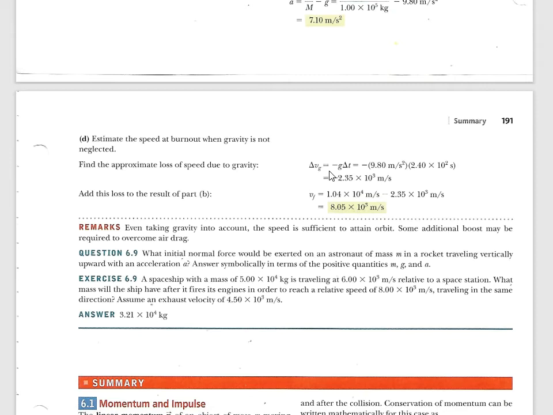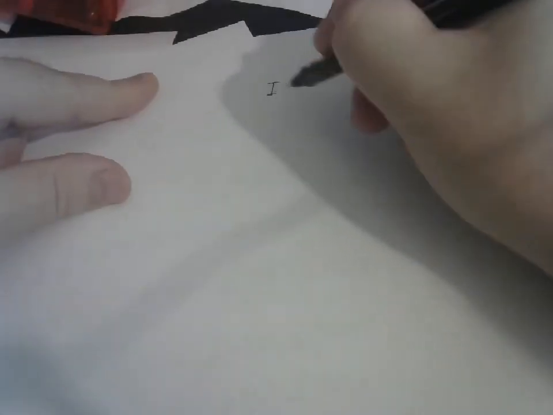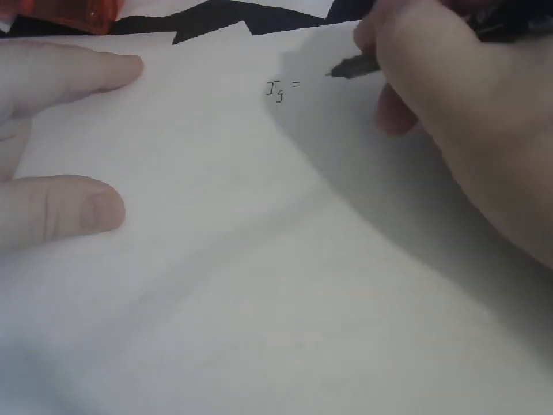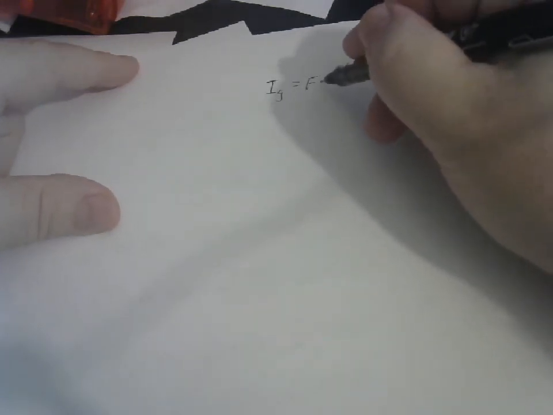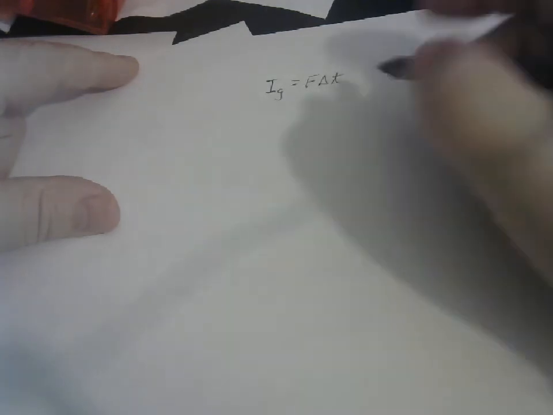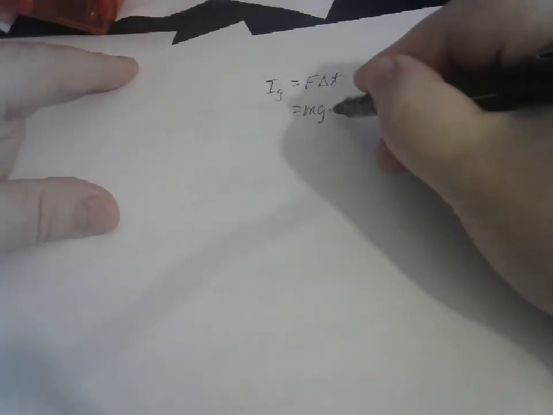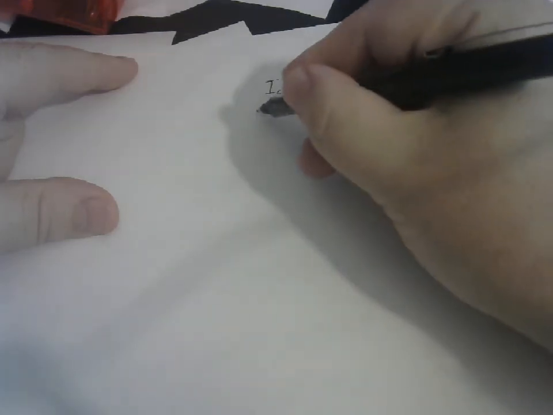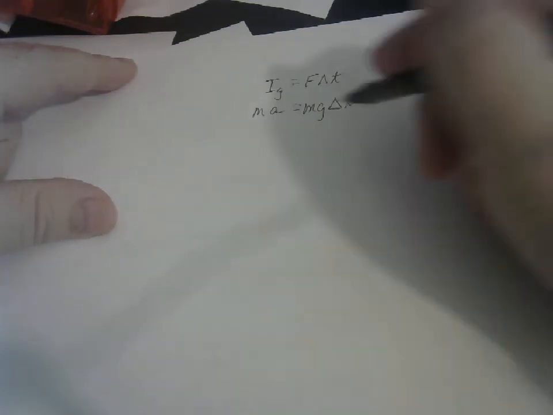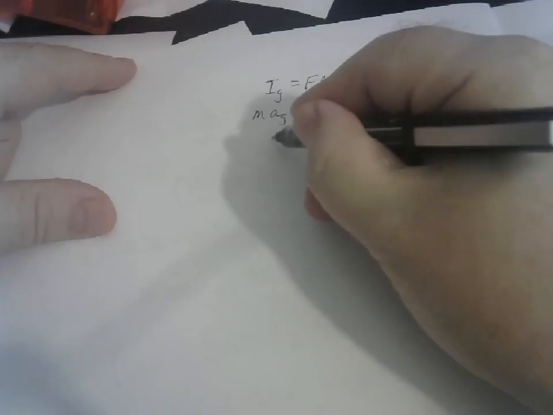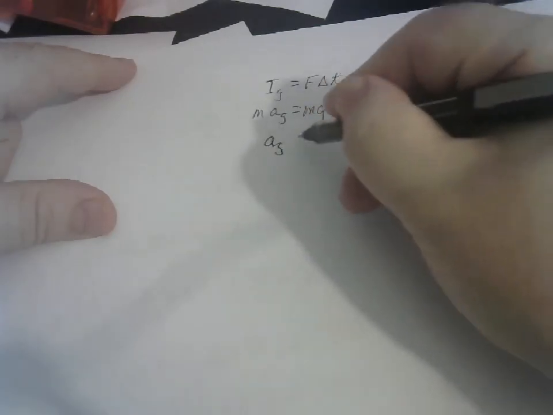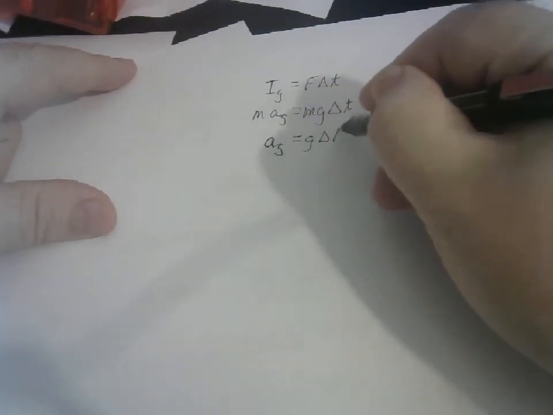The impulse due to gravity would have had the form: impulse due to gravity is equal to the force times the delta t, which would have been mass times gravity times delta t, which would have been mass times acceleration of just the acceleration due to gravity. So cancel those out. Acceleration due to gravity equals g times the delta t.